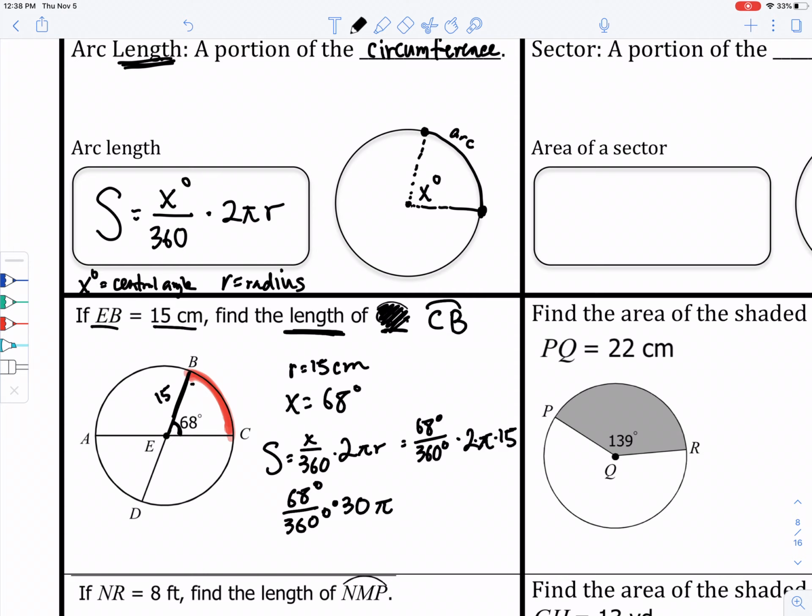Simplify a little more using the calculator, or you can go all the way if you want, but I'm going to do 68 times 30 to get 2040 pi divided by 360. Okay, the 30 multiplies with the 68 and the pi goes with it. So you can actually leave the pi on the side if you want.